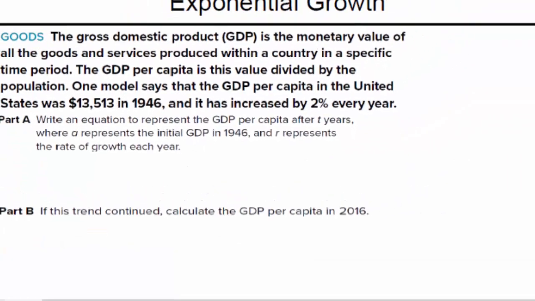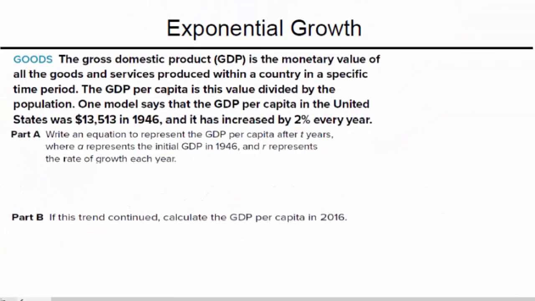Okay, so for our growth example here, the gross domestic product is the monetary value of all goods and services produced in a country in a specific time period. The GDP per capita is that value divided by the population. So one model says that the GDP per capita of the United States was $13,513 in 1946. That sounds like a starting amount.